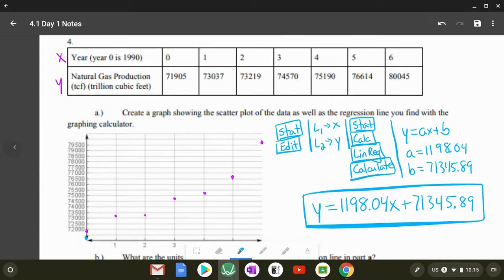So go up about 1,200, and then over 1. No, that's the wrong column. Hold on. So this one would be 71,000. So we go up about 1,200 and over 1. And then we go up about 1,200 again and over 1. Up about 1,200 again and over 1.